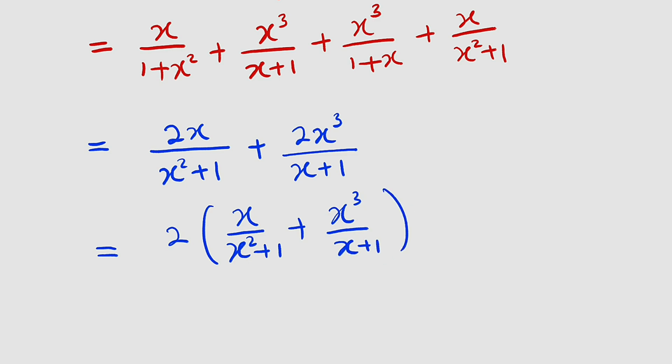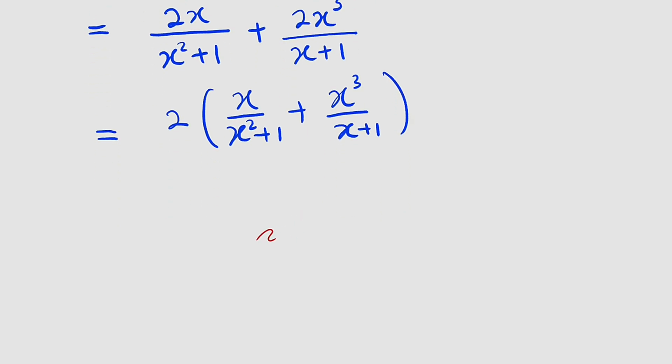So our next goal is to add these two fractions together. To add them, we can multiply their denominators, x squared plus 1 multiplied by x plus 1, right? This is the LCM. Then we cross multiply.